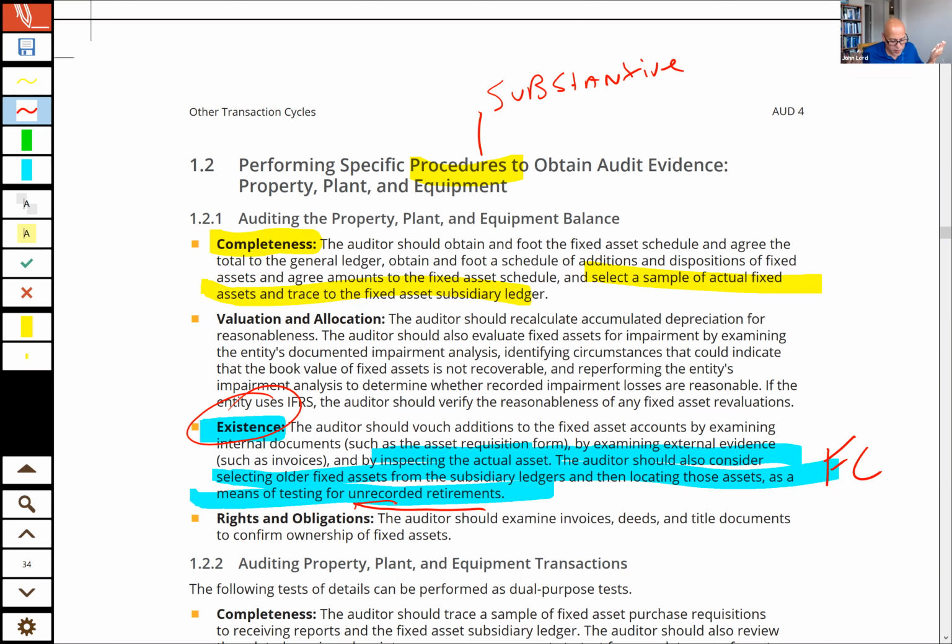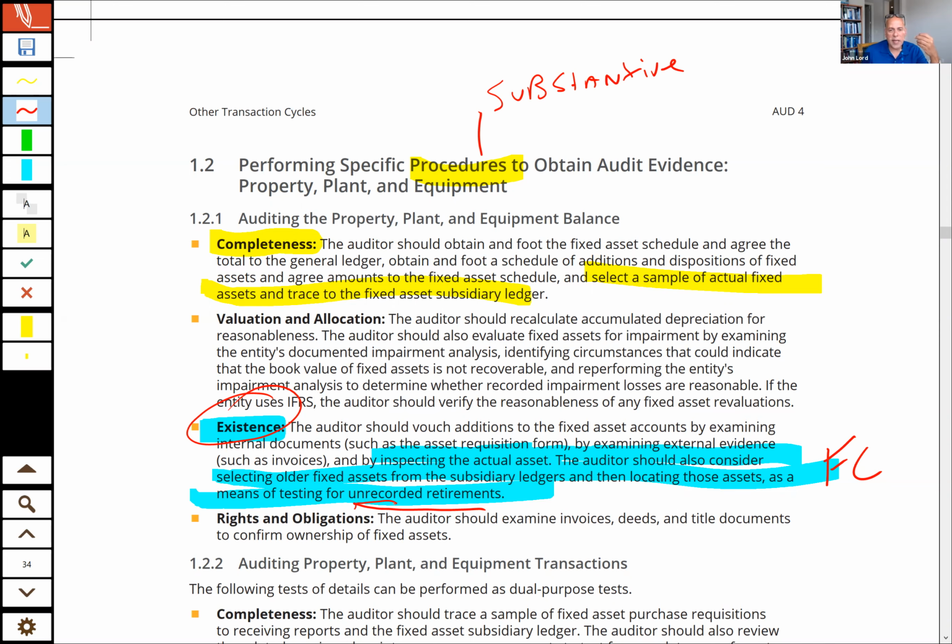But we're under here talking about existence, because if it's an unrecorded retirement, then what? Something that should have been removed from the books was not. That's an existence issue. So you would go and find things that look like they've been around for a long time. Let's see.